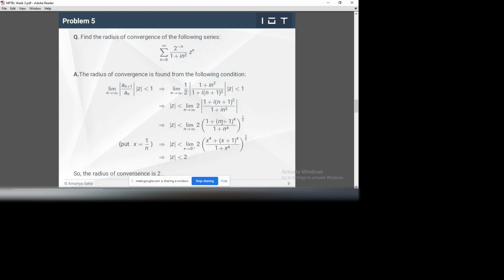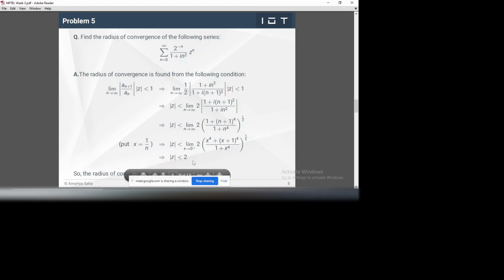You can substitute n equal to 1 by x in the numerator and denominator, and simply put x going to 0 plus. We again find 0 plus 0 plus 1 whole to the power 4, which is 1, divided by 1 plus 0 to the power 4, which is 1. So again the inside is 1.